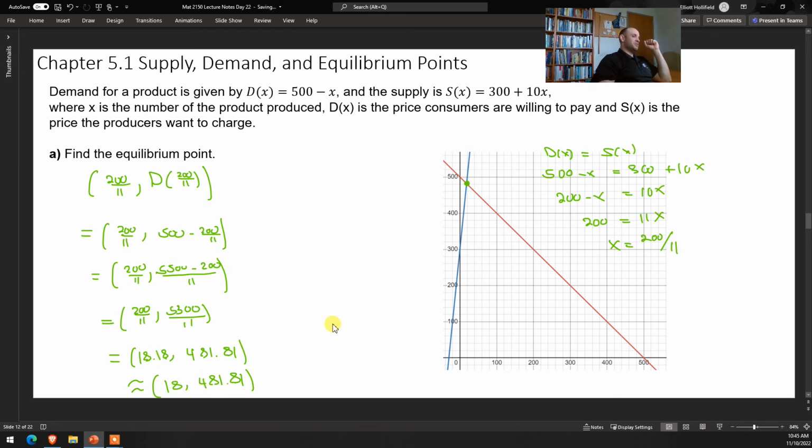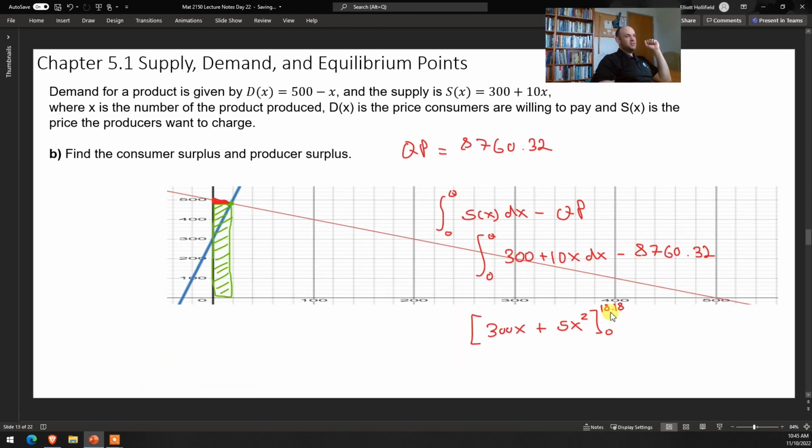Either way, it doesn't affect our answer much. We just multiply 18 times the price rather than 18.18. Let's go with our decimal since we've already started, but keep in mind you may need to round given the physical interpretation. It doesn't make much sense to produce between 0 and 1 of an item.